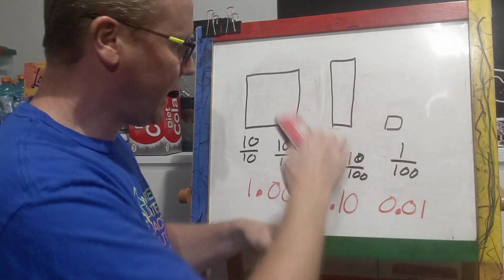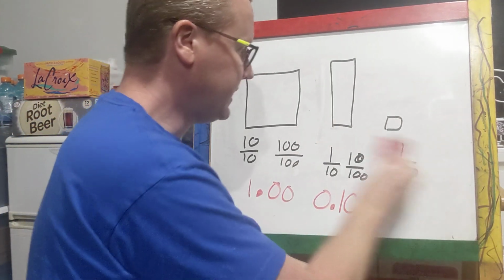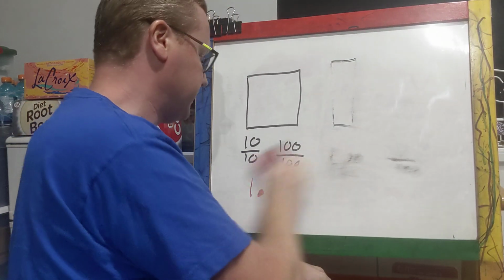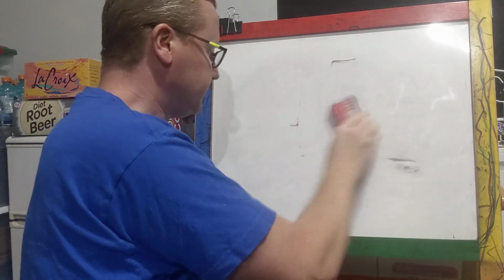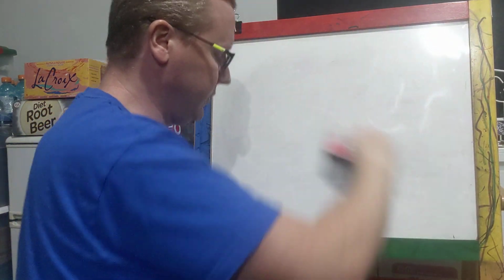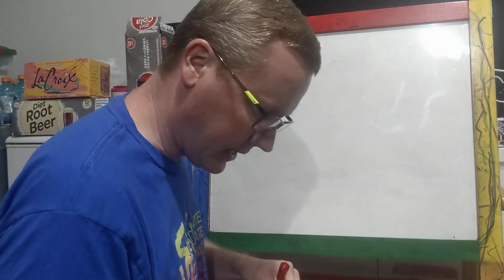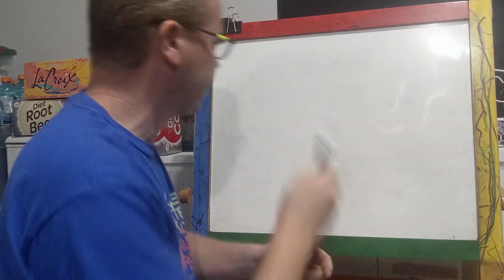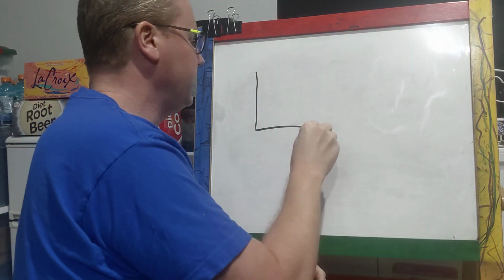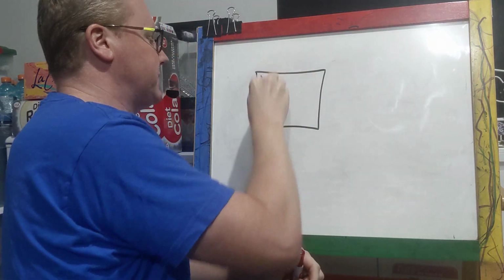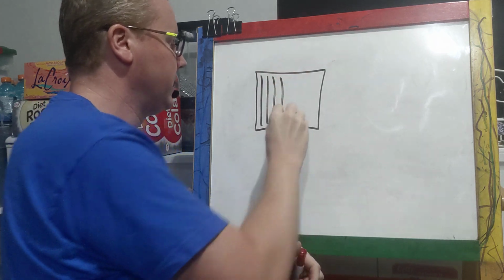All right, why are we reviewing all of this? Because sometimes we are going to have to do something like this. I'm going to show you 2 different things here. Sometimes you might get a fraction that looks like this. You have your whole, and pretend I'm shading it in, but I'm just going to draw it 1, 2, 3, 4.